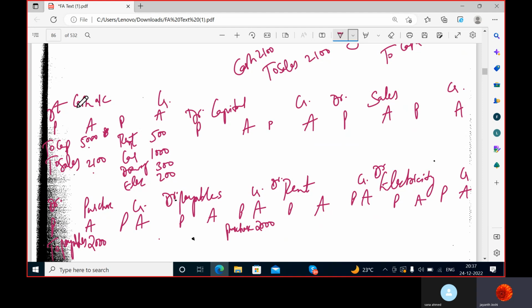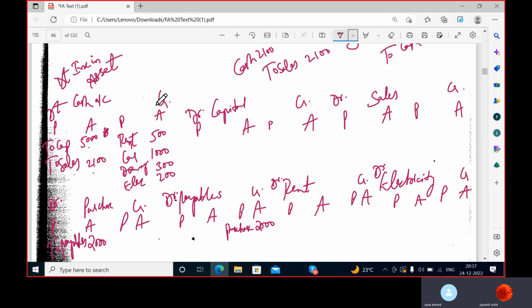Whenever there is a debit in the asset, that means the asset is decreasing or increasing? Increasing. Of course, increasing. These two things, the capital has come in the business, we have done cash sales, they are increasing the cash. Debit, increase in asset. Yes, sir.